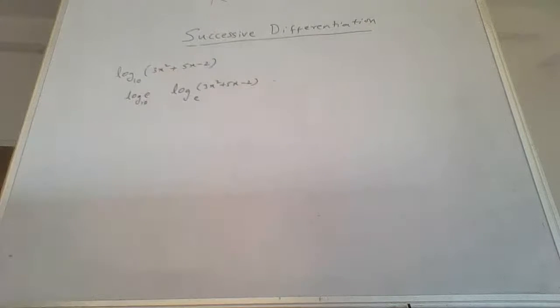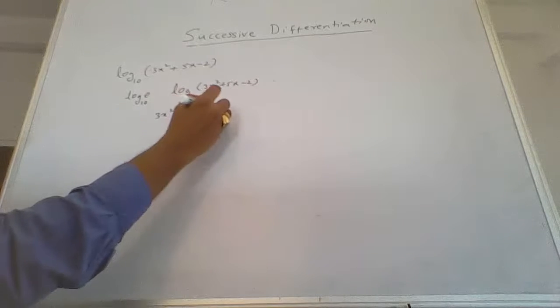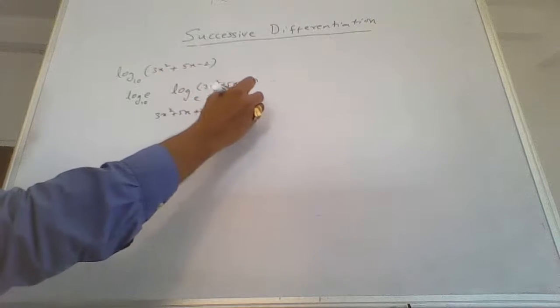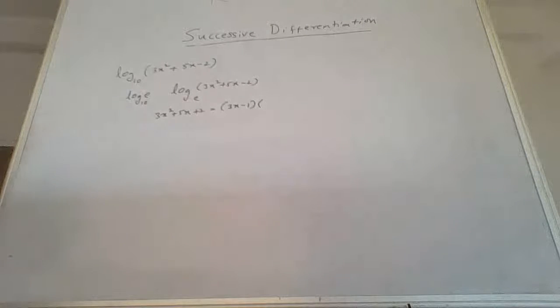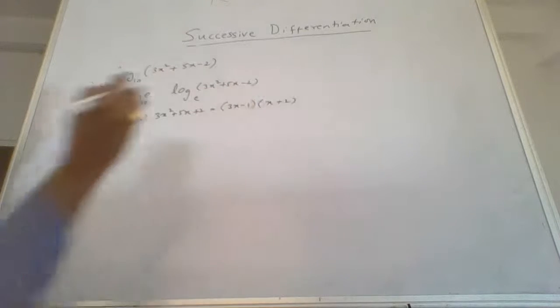Since this is constant, we can keep that like that only. And for 3x square plus 5x minus 2, we can find the factors corresponding to that. That would be 3x minus 1 into x plus 2.